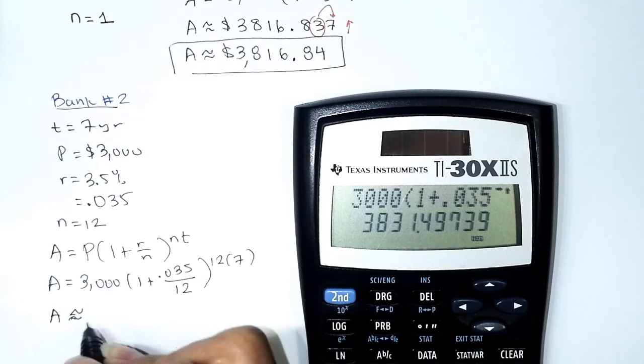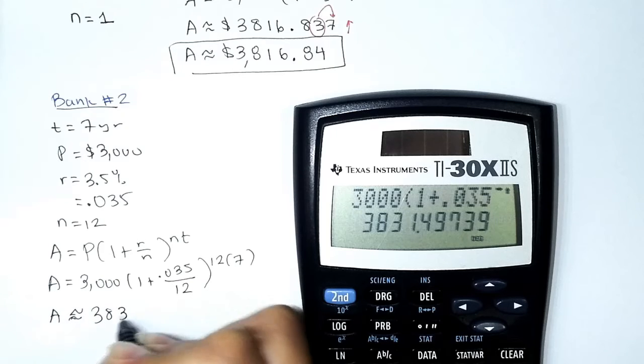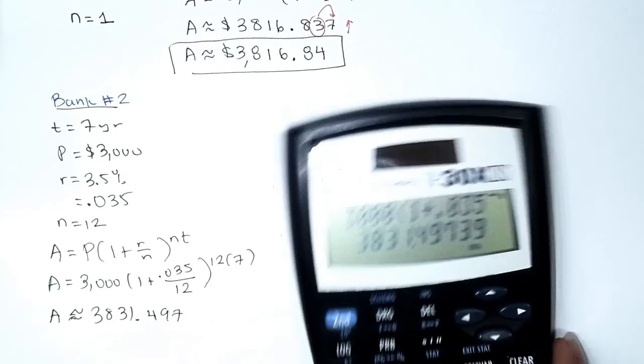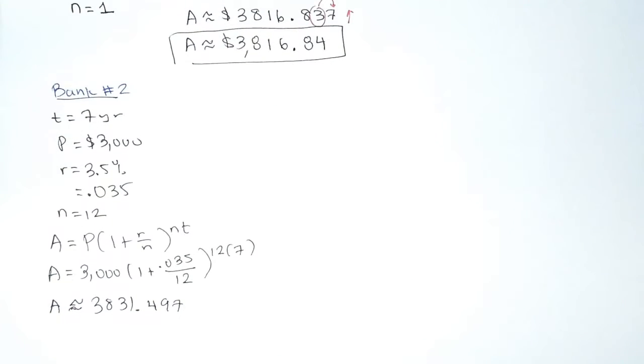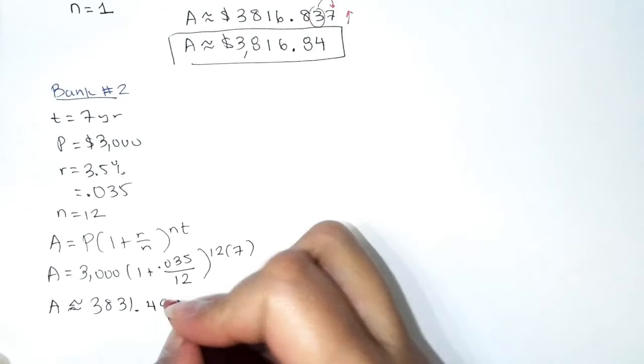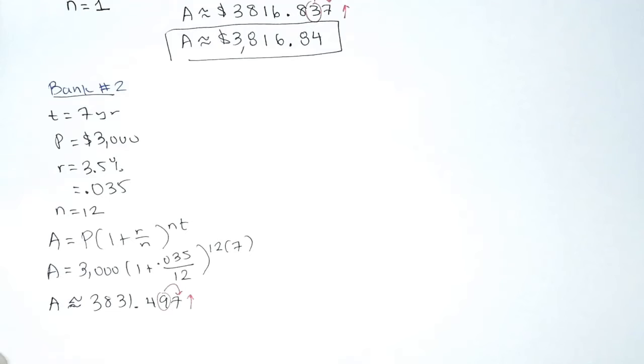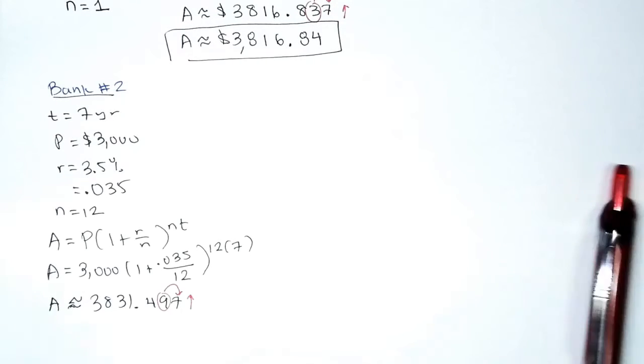So the final amount is about 3831.49 and a bonus 1 to help us round. We identify the digit in the hundredths place and look right next door, and in this case we have to round up. So we had about 49 cents plus one more, it's going to be about 50 cents.